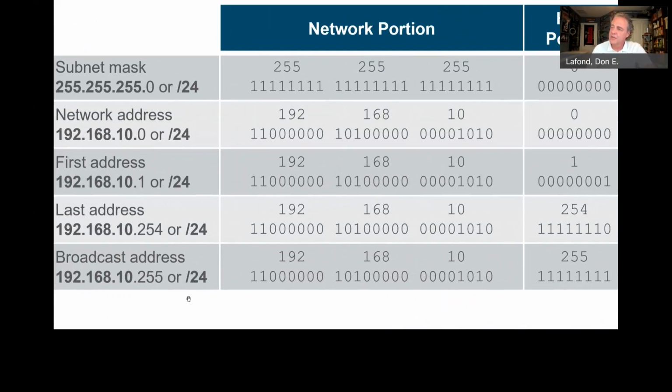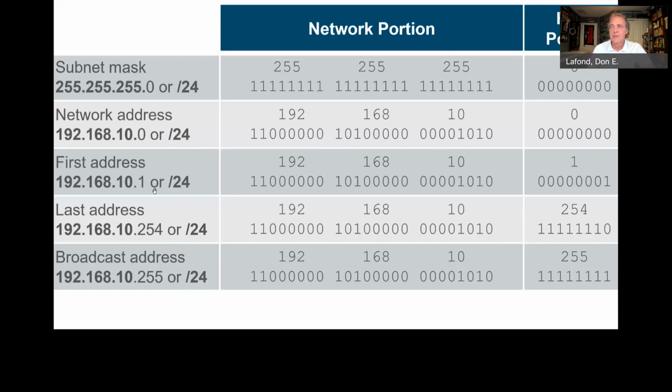For example, if we had a 25 network, we would have half of the addresses, 128 addresses. The first would still be 0. It would be 192.168.10.0/25. And then the first address would be 1, but the last address of a /25 would be 127.